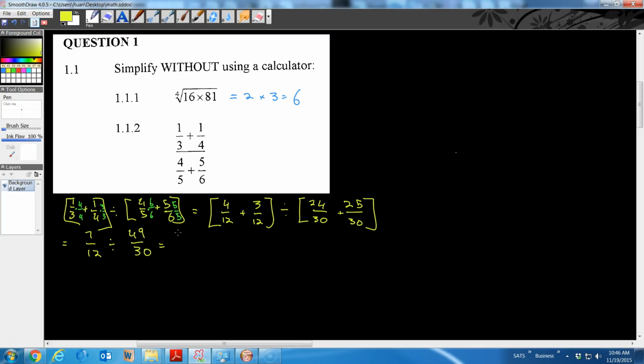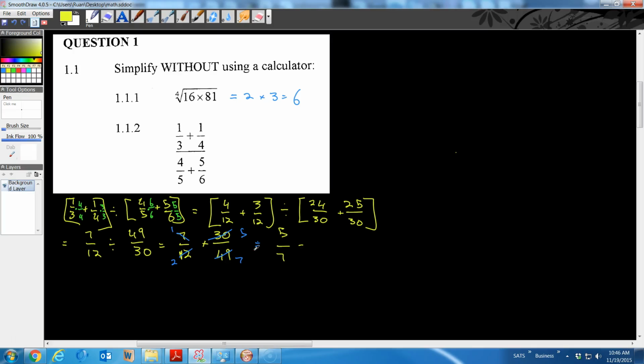Now if you remember primary school fractions, you just multiply it, that becomes 30 and that becomes 49. Now if you remember your cancelling, 7 goes into itself once, 49 is 7 times 7, 12, 6 goes into 12 twice, 6 goes into 30 five times, and your final answer is 5 over 7.